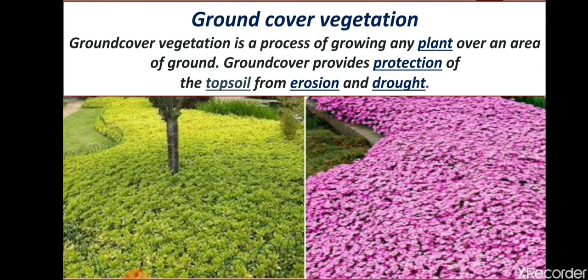You can see in the picture how small shrubs and herbs have covered all the area. Ground cover vegetation is the process of growing plants over an area of ground. This protects the topsoil from erosion and also from drought.